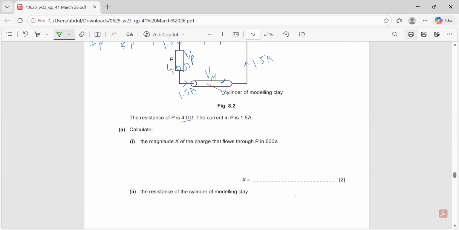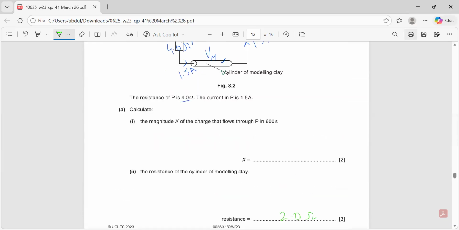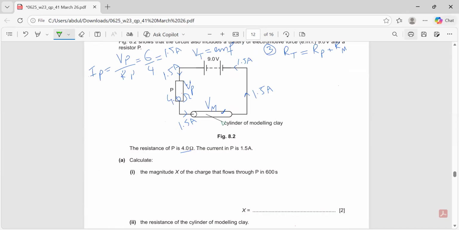Yesterday we calculated the resistance of this modeling clay. It came to be 2 ohms. Now see how the current can also be 1.5 ampere across the modeling clay. Im, the current in the modeling clay, will be equal to Vm, the voltage across the modeling clay, over its resistance.